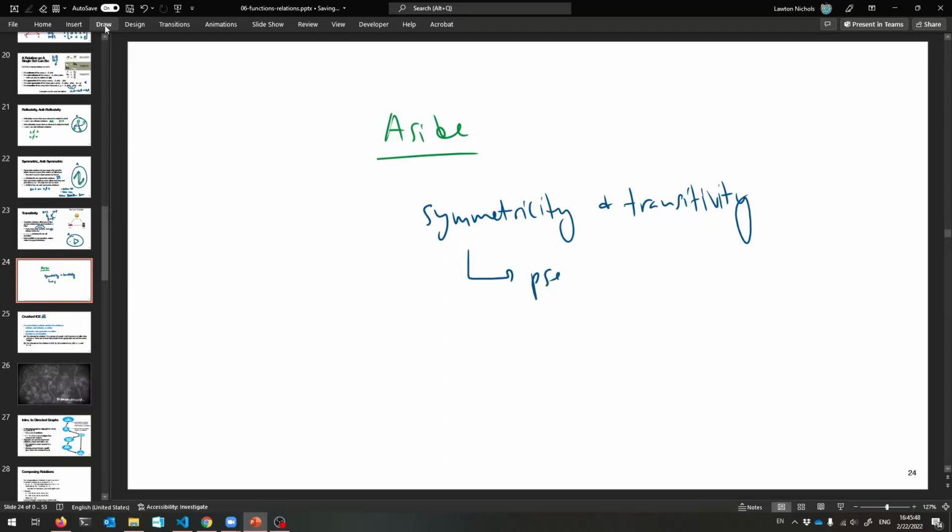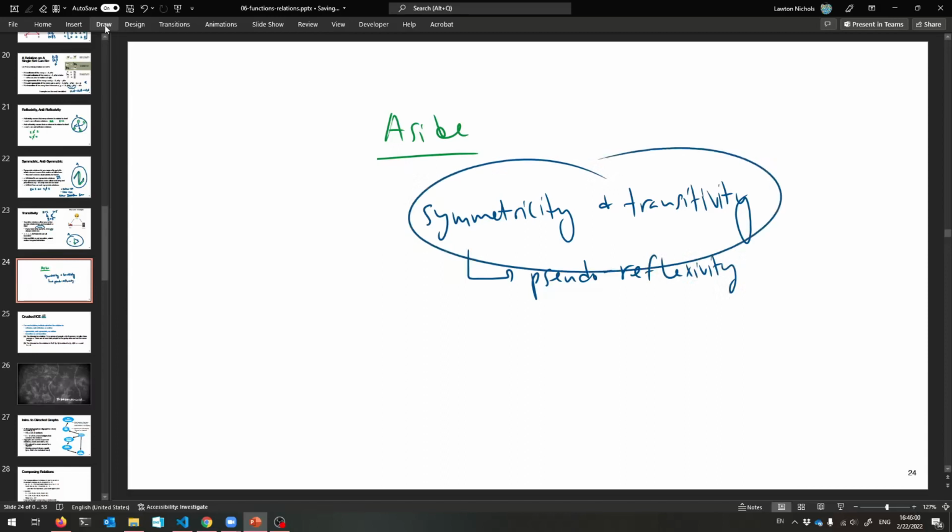I'll call it pseudo, because some other things have to be true for you to get true reflexivity. But here's the idea: pseudo reflexivity comes out of it. You don't even have to know that the relation was reflexive, but once you have symmetricity and transitivity, you might be able to get out reflexivity. Let me show you this.